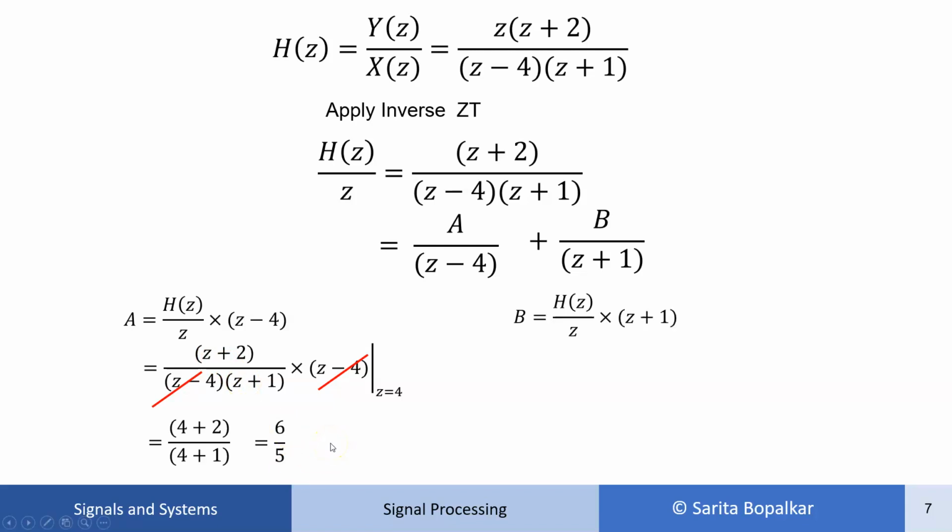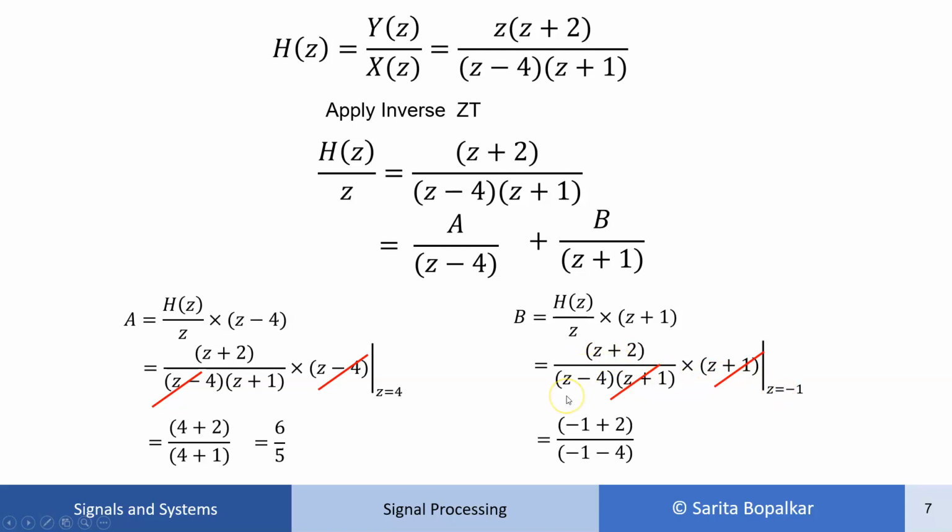Similarly, find b. B is h of z upon z times the denominator z plus 1, at z is equal to minus 1. Now z plus 1 gets cancelled, put z is equal to minus 1 here and you will get minus 1 by 5. So a is 6 by 5, b is minus 1 by 5.